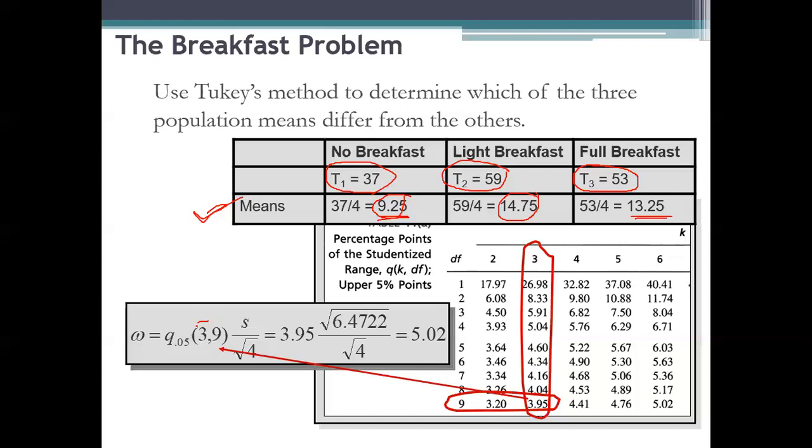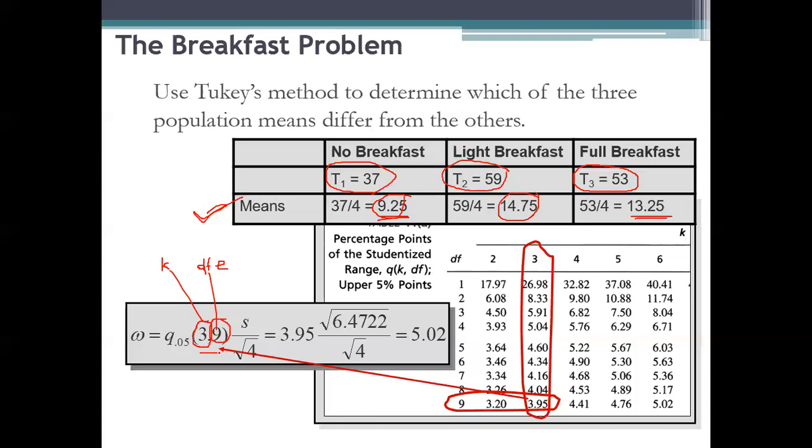According to the Tukey formula, 3 is the value of K, because we have 3 treatments. And 9 is the degrees of freedom of error, or within group, which we got in our previous calculation. So just insert 3 and 9.